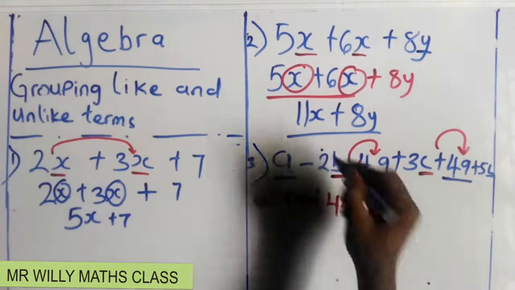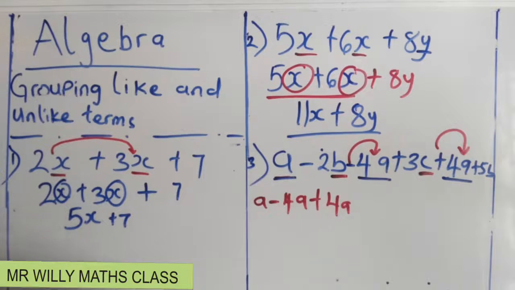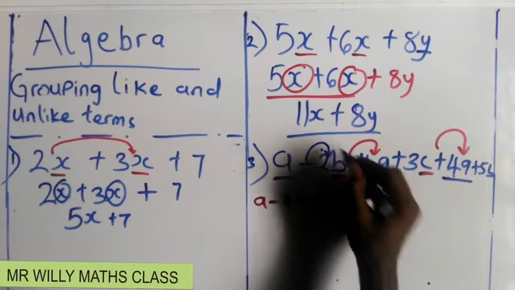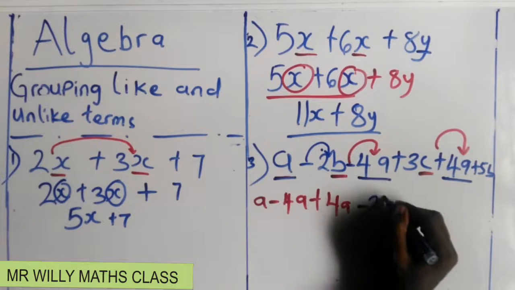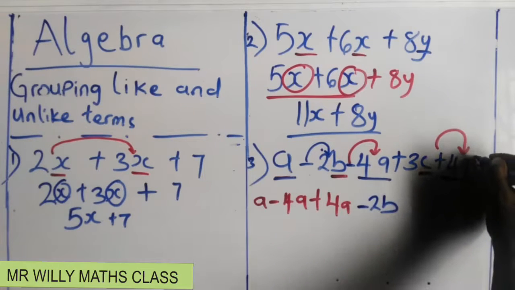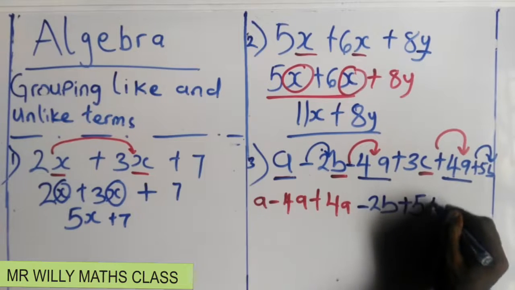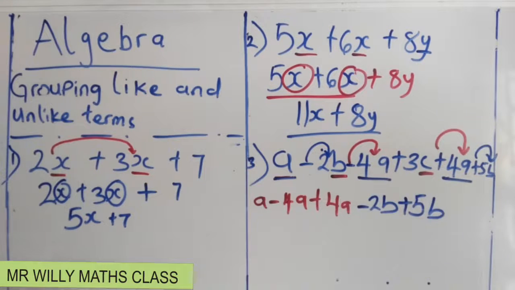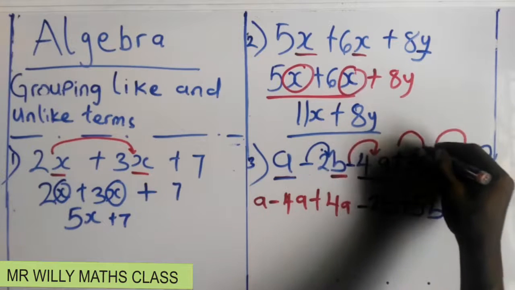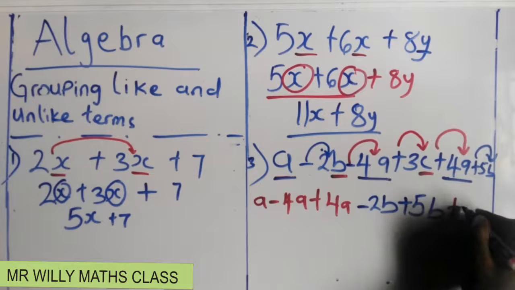This is b. This is b. So that will give us what? This minus belongs to this 2b. That will be minus 2b, and this what? Plus 5b. So we are left with the what? We are left with only the c now. And for c, we are having only plus 3c. So we have plus 3c.